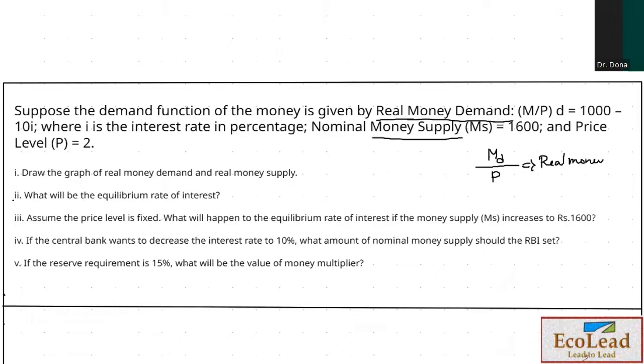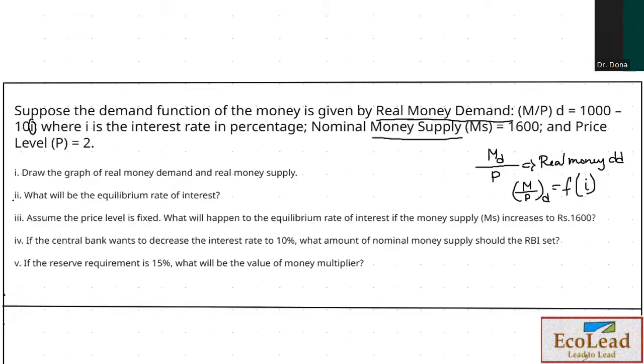Now this real money demand is actually a function of the interest rate, which here is represented by I. So we can also write it as M by P, then first bracket and D, which is a function of the interest rate. This interest rate is basically the nominal interest rate that is prevailing in an economy.